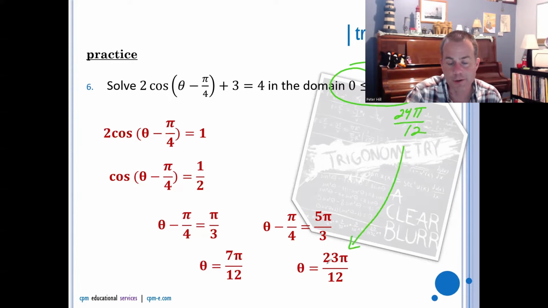So I am very close to being pushed out of that domain, but I'm safe. So these will be my two answers, but just something to watch for. Now, if that happens, probably all you need to do is get the coterminal angle to it, and that one will be within the domain, okay? So just little tidbits to think about.